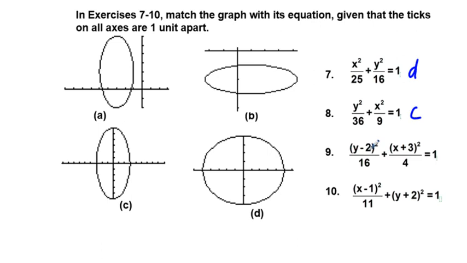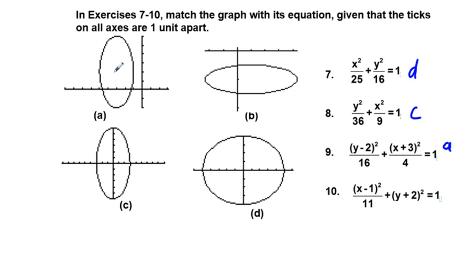This one here, 9, we have y minus 2. Well, this minus 2 shifts up 2 units. And this x plus 3 shifts to the left 3 units. So based on that, our only possibility is going to be ellipse A. And furthermore, to analyze further, our semi-major axis is going to be the square root of 16, which is 4.